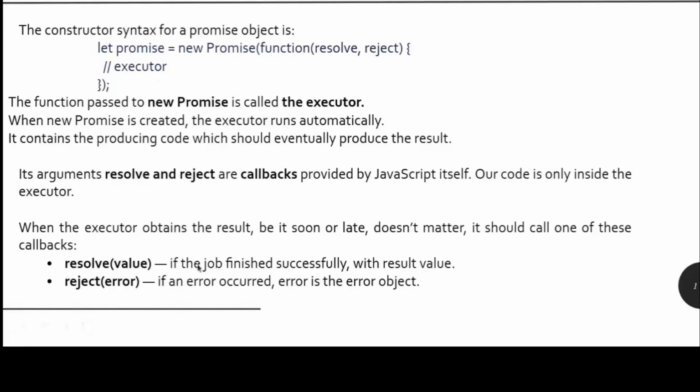So if the job finished successfully, you would call resolve, and you would provide as its argument the value, which is the result. And if an error occurred, for example, the server was down and you couldn't fetch the information, you would call the second callback, reject, which will throw an error, and you would provide the error, which is an error object.